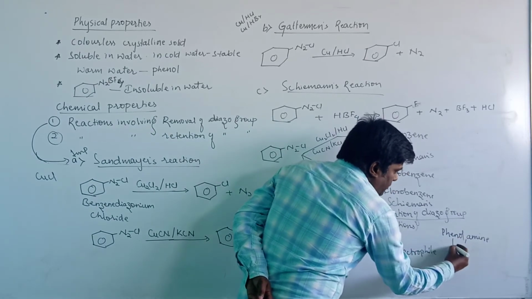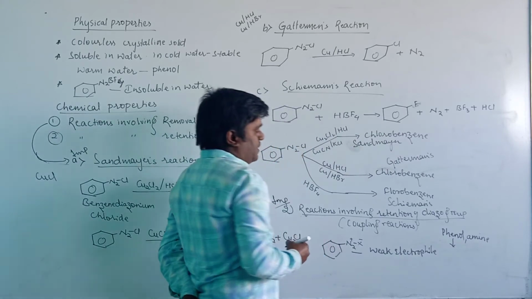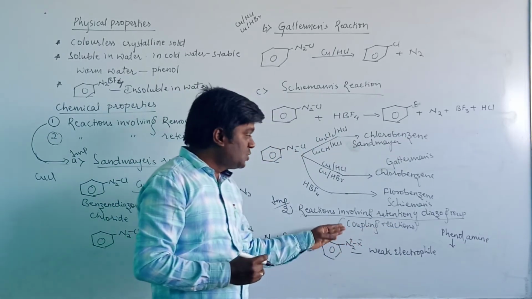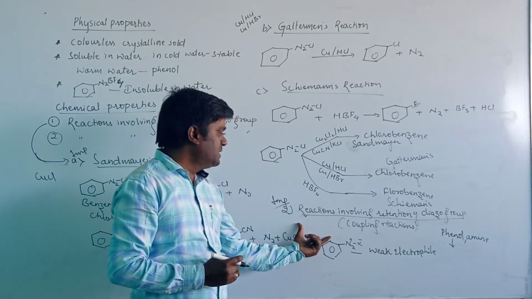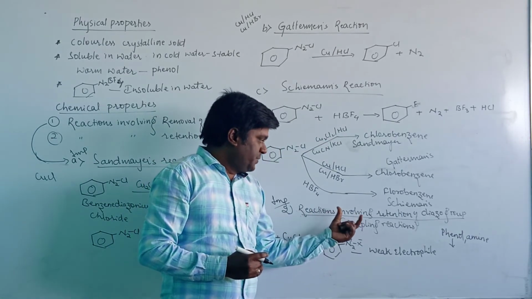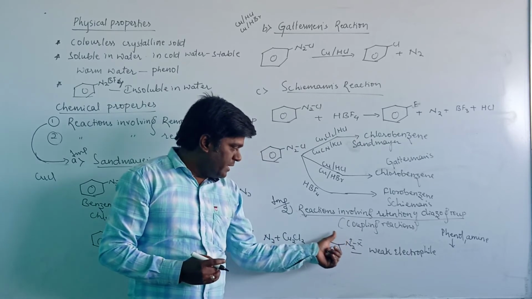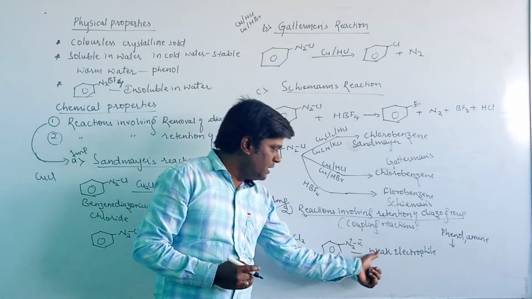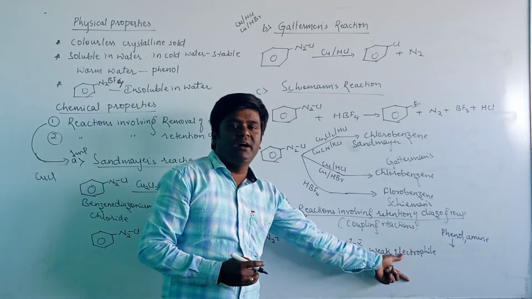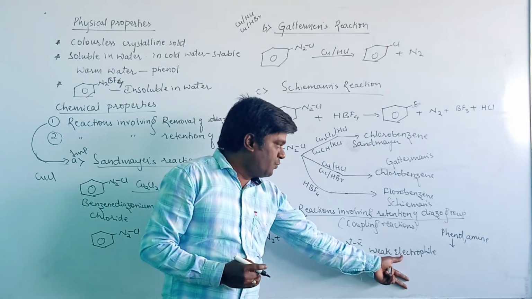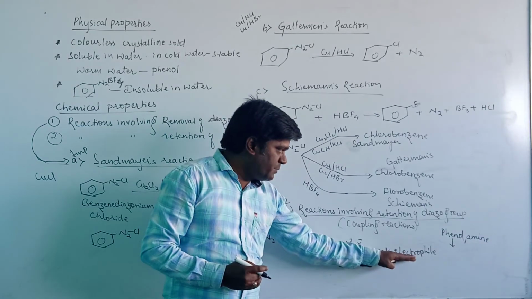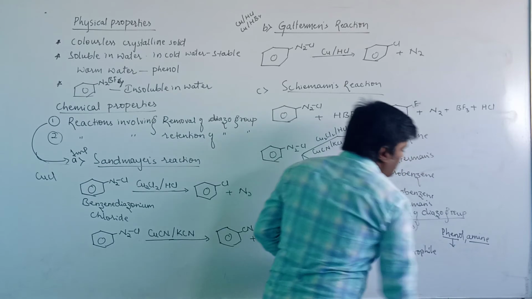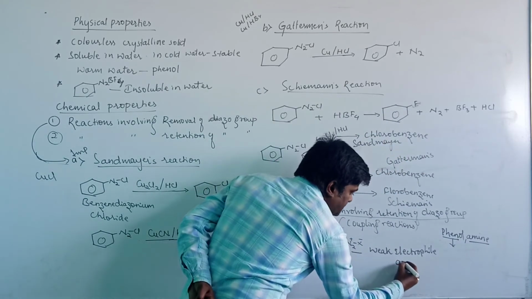When it reacts with phenol, it will give para-hydroxy azobenzene, an azo compound. Once again, I will repeat: the diazonium ion acts as a weak electrophile and can react with aromatic compounds containing activating groups like phenol and amine to form azo compounds.